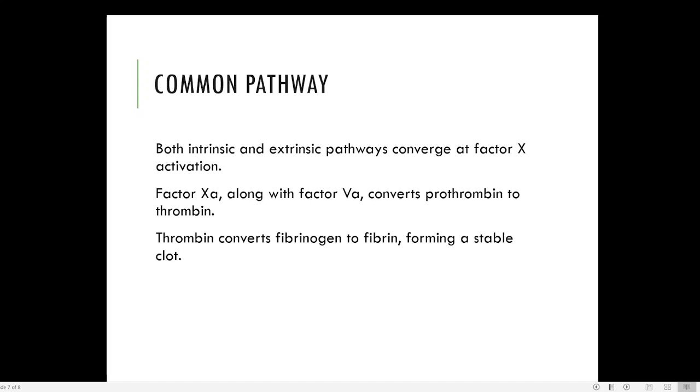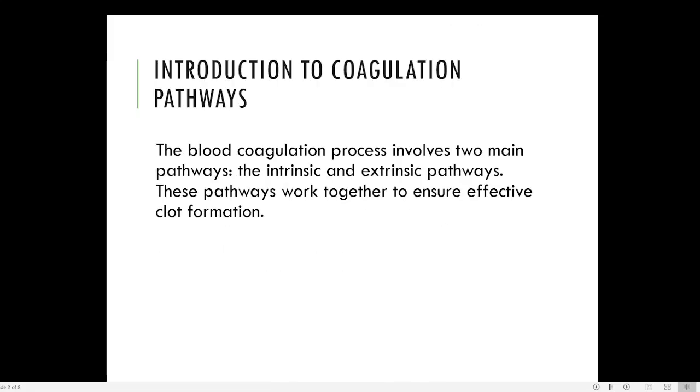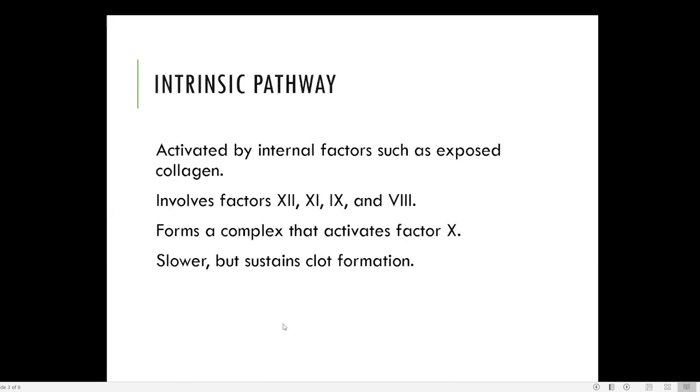It starts at factor 10 or Stewart factor, and along with proaccelerin, it converts prothrombin into thrombin. Thrombin is an enzyme that converts fibrinogen into fibrin. Along with the blood cells, this fibrin forms a clot, and that clot blocks the loss of blood from your injury. So these are the mechanisms by which the different types of pathways work in your body. That is regarding the different types of pathways.